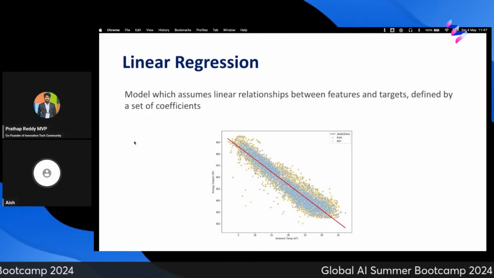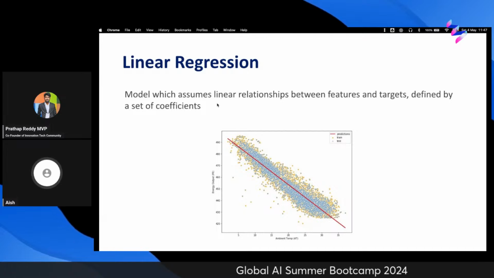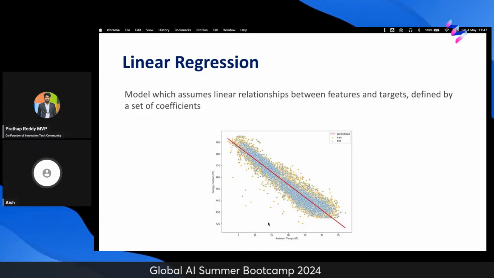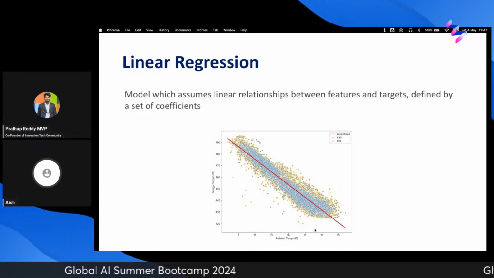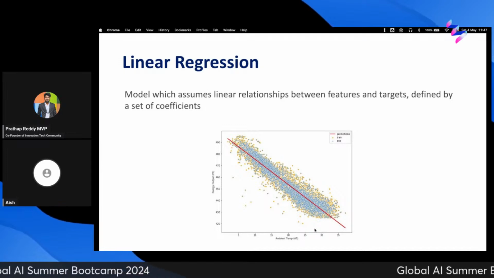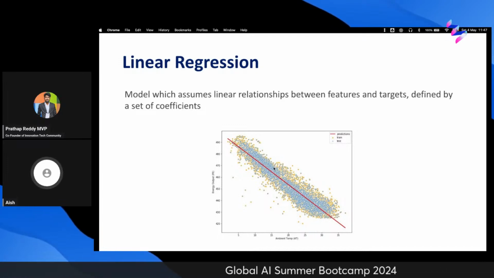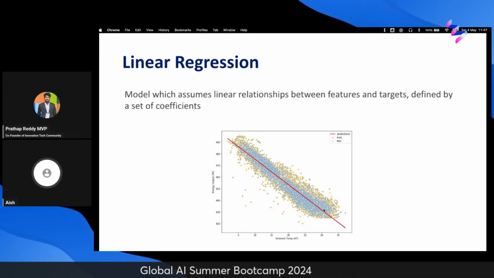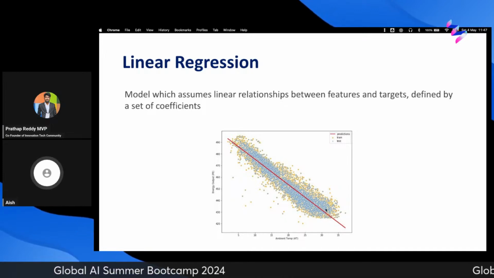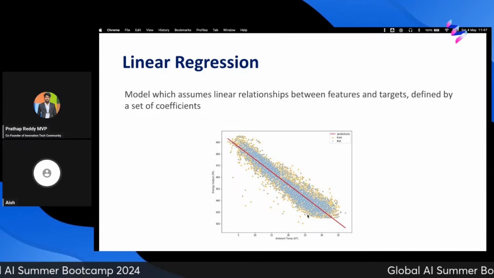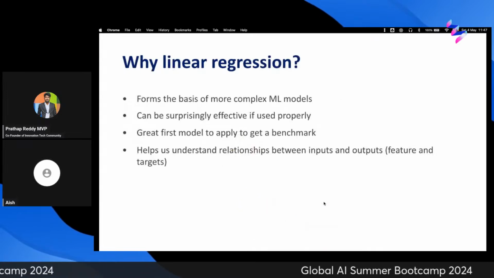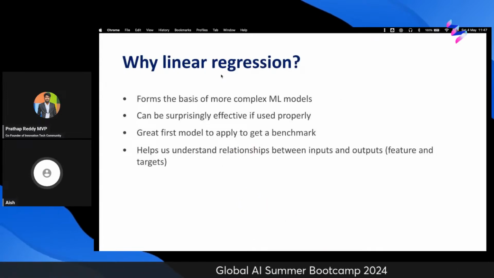So we'll see linear regression. We saw earlier that X and Y may have a linear relationship between the features and the targets. This is what we call linear regression. And remember, the values in here are continuous and not categorical. So this is an example of a regression algorithm. So why do we use linear regression?